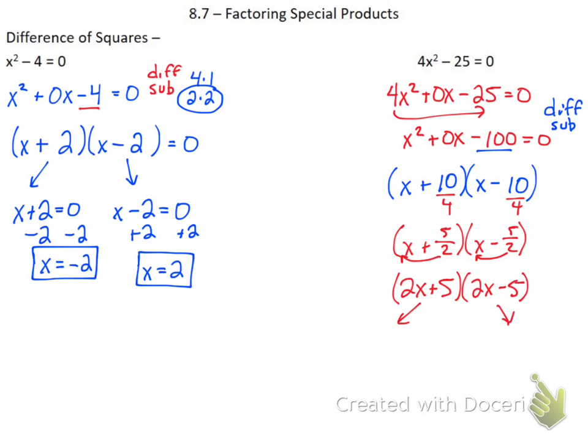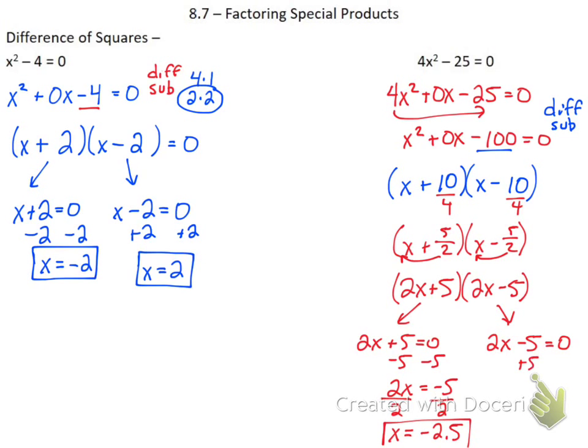Split it off into 2 separate equations. I get 2x plus 5 is equal to 0, and 2x minus 5 is equal to 0. And so again, to solve, I'm going to subtract the 5 to the other side, get 2x is equal to negative 5, divide by 2, so x is equal to either negative 5 halves or negative 2.5.